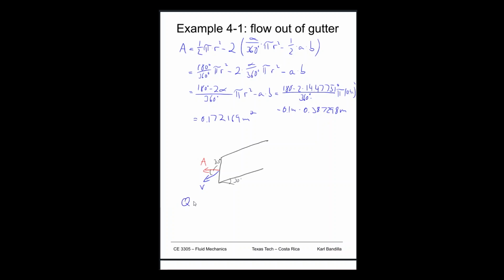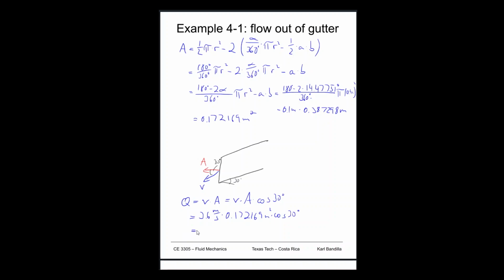Remember that V and A are both vectors, so we can just do the vector product. We can say Q is V times A times cosine 30 degrees, or 3.6 meters per second times 0.172169 meters squared, that would be our A, and then times cosine 30.